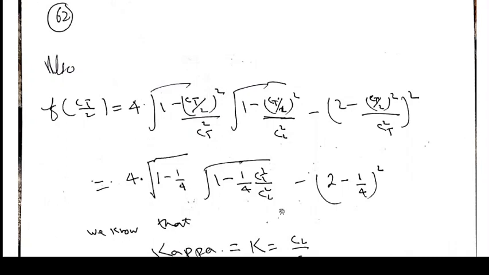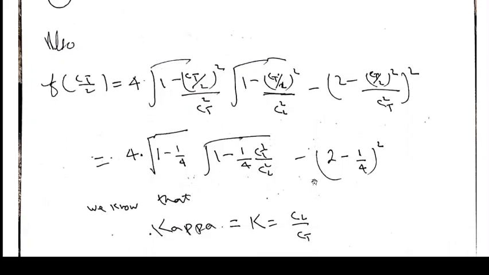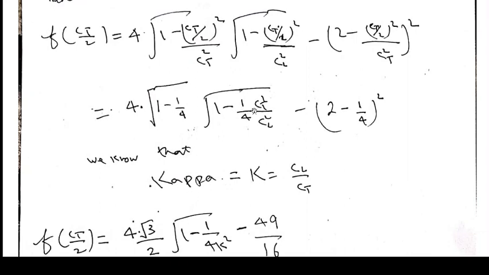If you use Ct by 2 for C in the function f of C, then on the left hand side you have f of Ct by 2 and on the right hand side you have this. Simplify this a little bit, you have this and you have this.